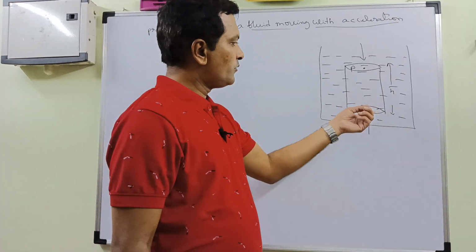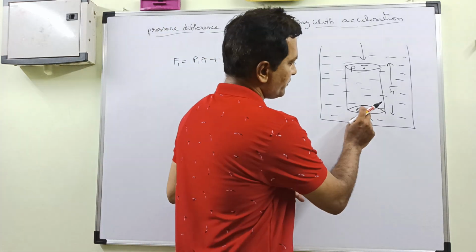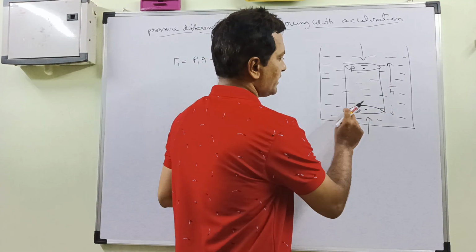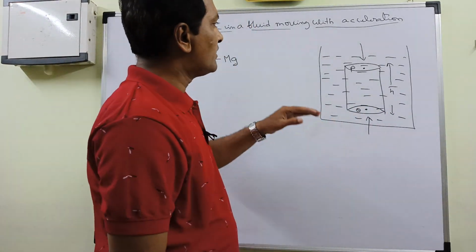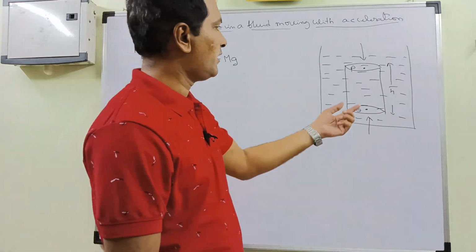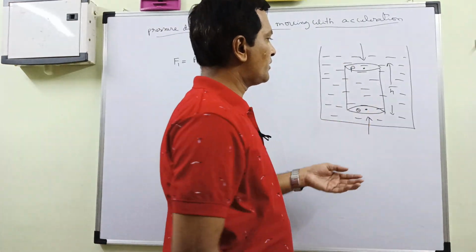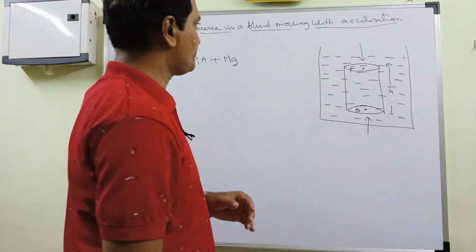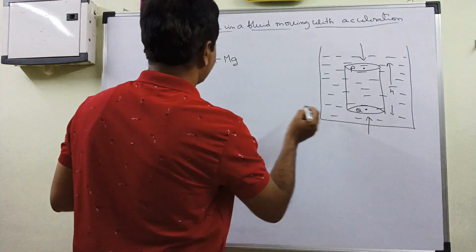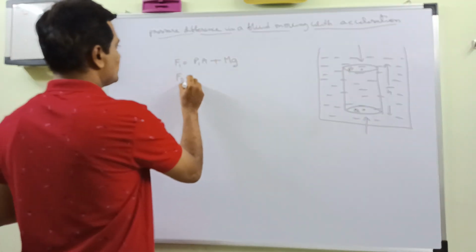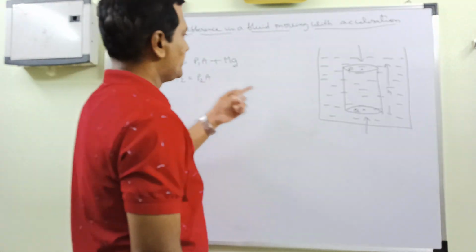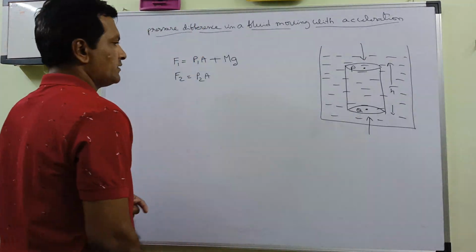We cannot calculate the force or pressure at a point, so we need to consider a surface area, which has some pressure or force on the upper and lower surfaces because of the fluid movement, right? So the force acting at this point Q will be F2 is equal to P2A, where A is the area of cross section of the lower surface.